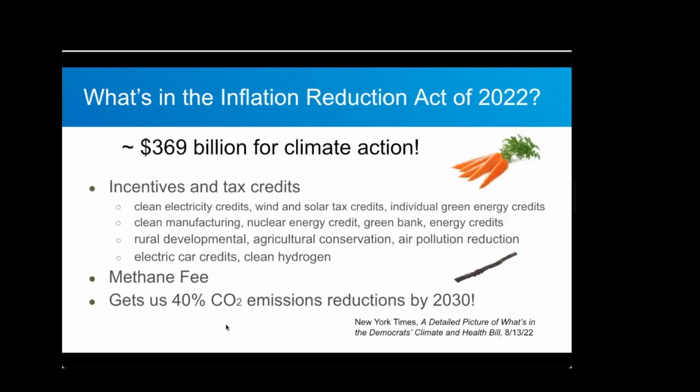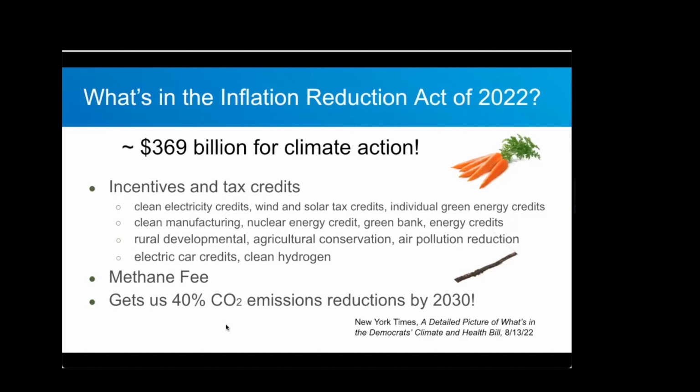So a little bit about the Inflation Reduction Act. It's mostly carrots, incentives, and tax credits. So, clean electricity credits, wind and solar, individual green energy taxes, clean manufacturing, more nuclear, rural development, agricultural conservation, electric car credits, working on clean hydrogen. There is a fee on methane, and so there's the stick in there, and that was actually kind of surprising, because we thought that it would all be on the carrot side.